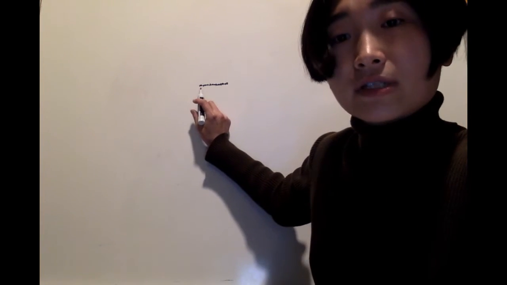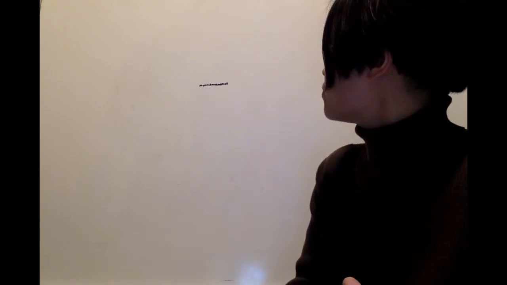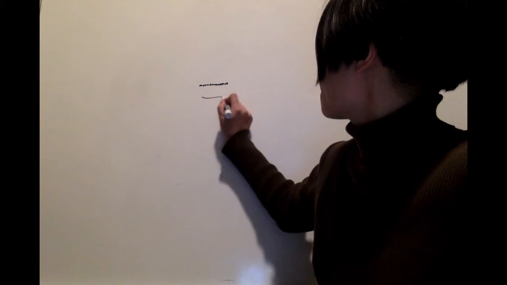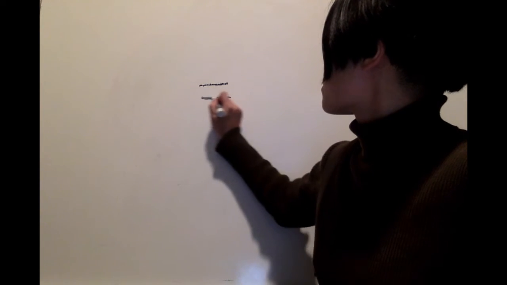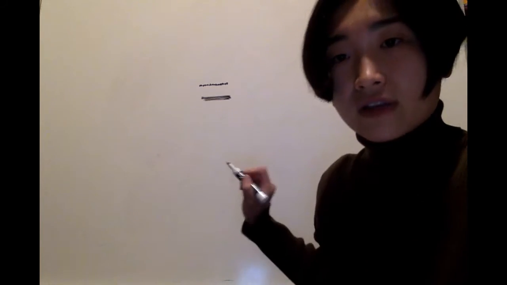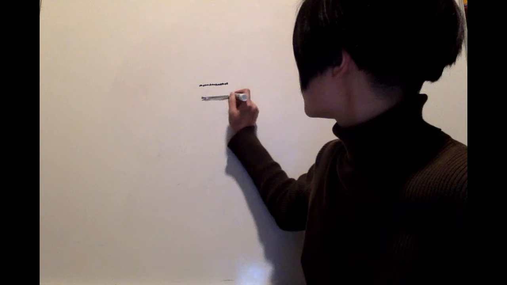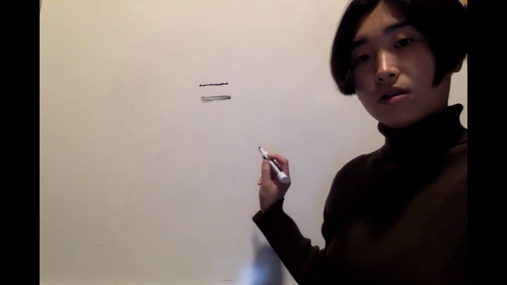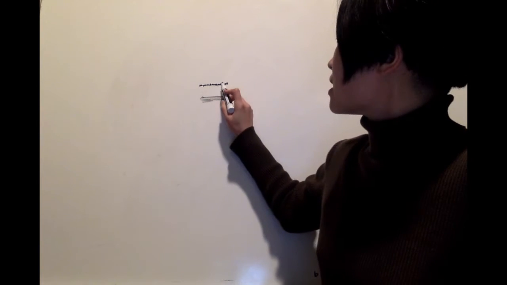Okay, so we have a straight line here, and the next line that we will draw is... what's the difference between this line and this line? Well, this line is a lot thicker than this line.